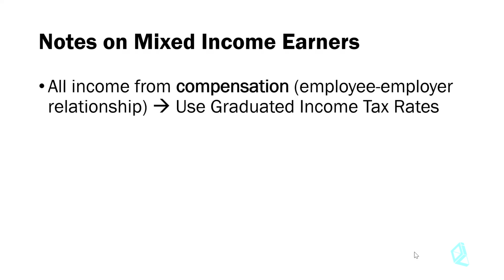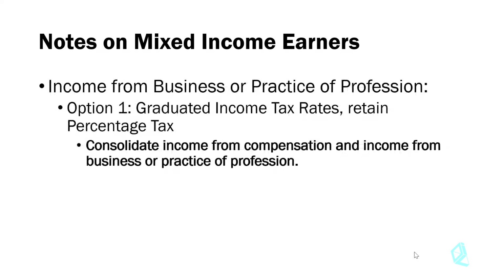Now, for the income generated or earned from business or practice of professions, there would be two options. The first option is to make use of the graduated income tax rates and still pay for the percentage taxes.